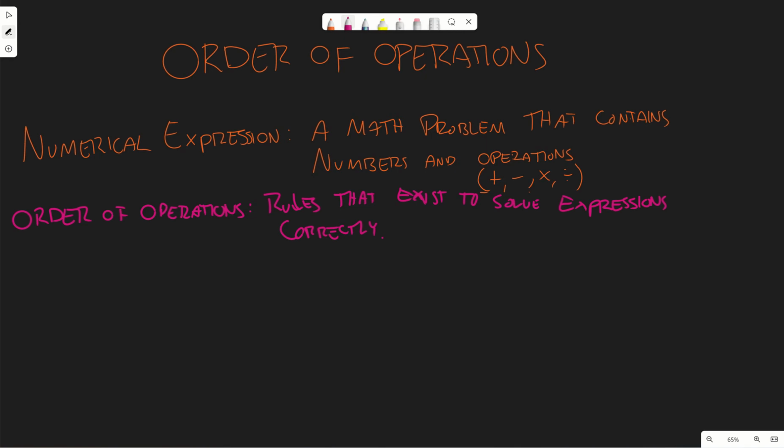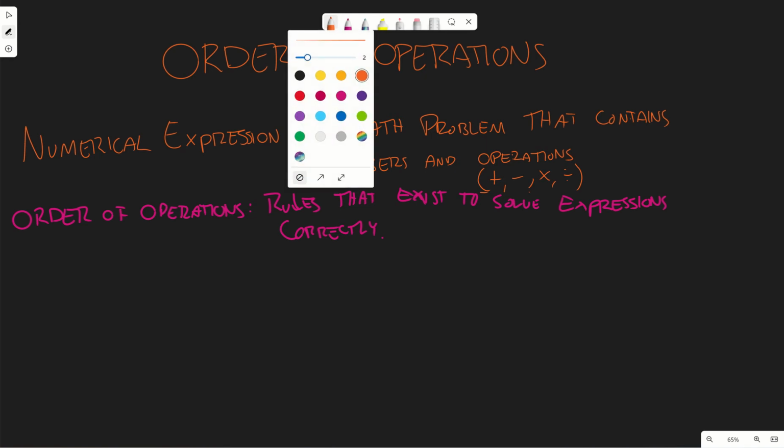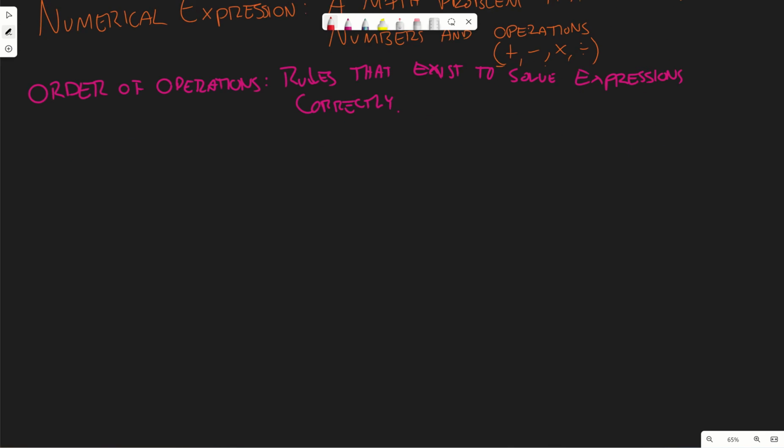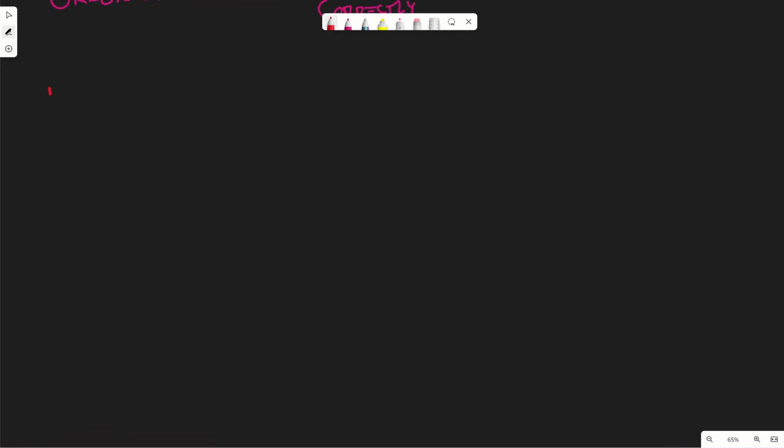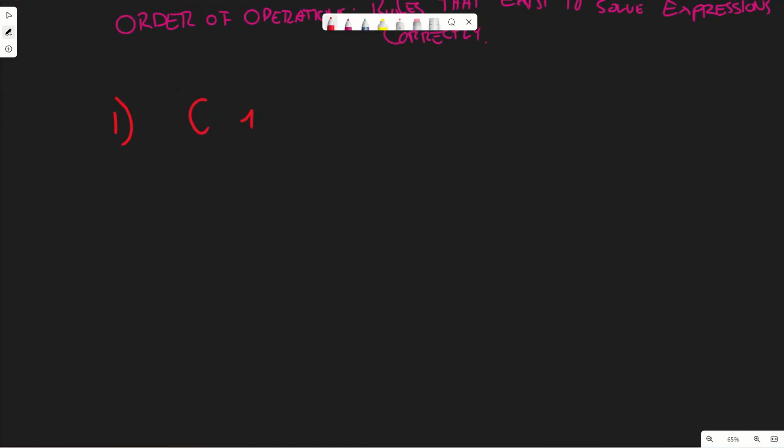Now, the first thing we want to do when working with this list of rules is know the order. So our first thing we want to do when we're solving problems is look for any kind of grouping.